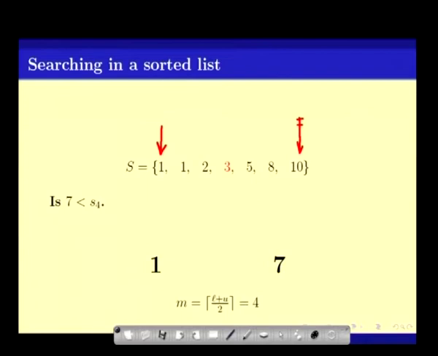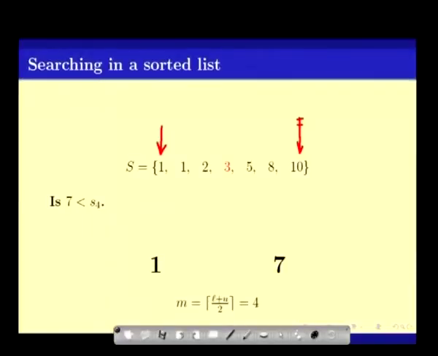If the answer is no, what do we know? We know that 7 must be greater than or equal to S 4. Thus, anything less than S 4, thus S 1, S 2, S 3, is not a valid candidate for 7. So, we can literally strike off the first 3 things, which is S 1, S 2, S 3, and then we will move this pointer to here.